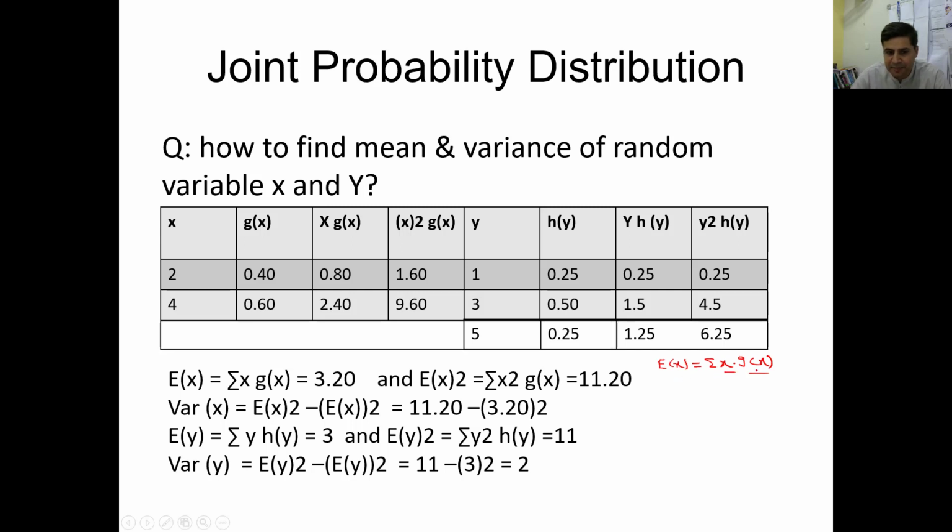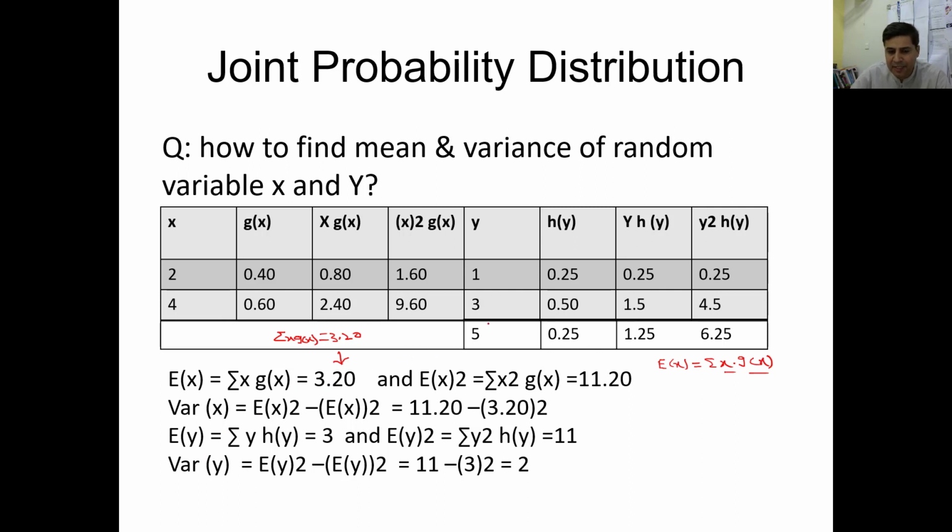How will we calculate this? 2 multiplied by 0.40 will be 0.80. 4 multiplied by 0.60 will be equal to 2.40. When you add all of this in this column, it will be equal to 3.20. This is the summation of x into g(x), and this is the mean.